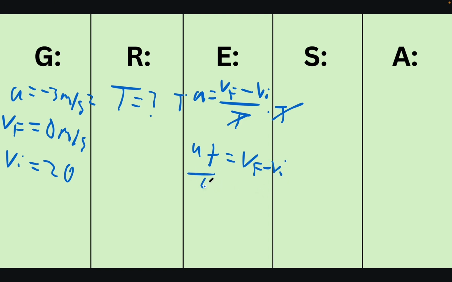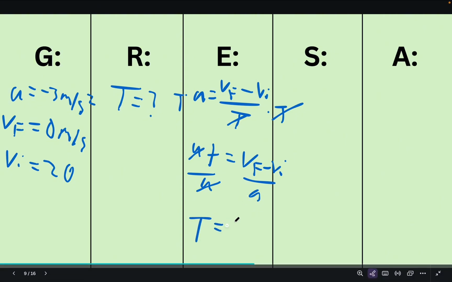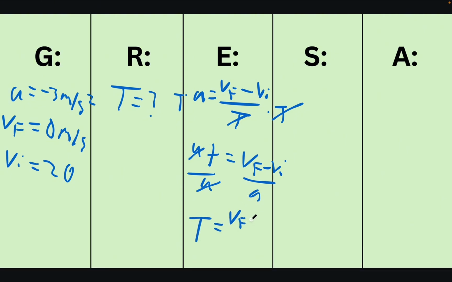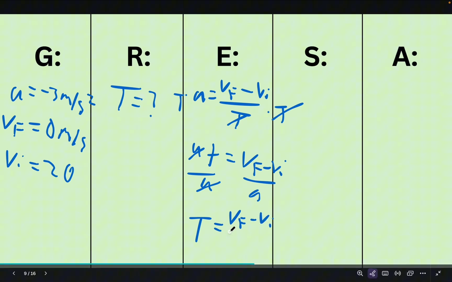And now, if you divide by A, you'd be able to cancel out A on this side and get time is equal to Vf minus Vi over A. If you don't know why that is, I suggest you check out our algebraic manipulation video. But just assuming you guys already know basic algebraic manipulation, this is now our new equation.